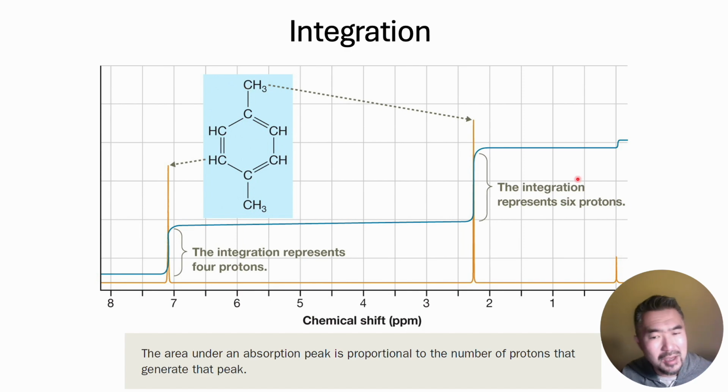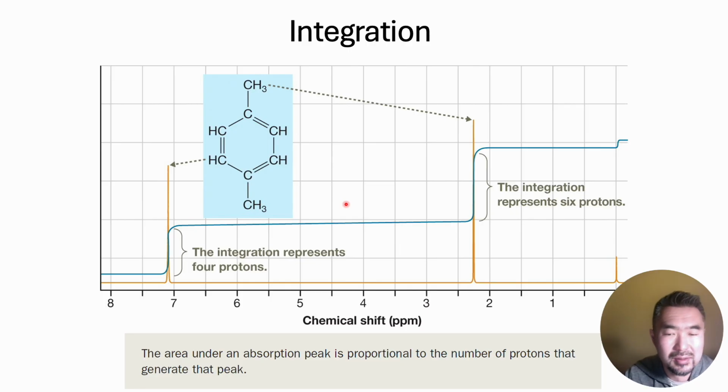So, guess how many signals you should expect? 2. Remember, that's the TMS reference peak. And this is regular alkane, but it's next to aromatic, so that shifts about 1 ppm. So 2 ppm or so is what you expect. And these are on benzene, so you expect it to be about 7 point something. So these are the 2 signals for that.